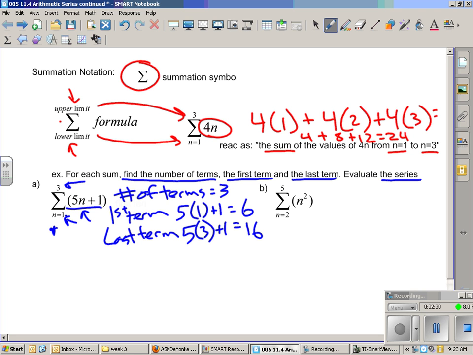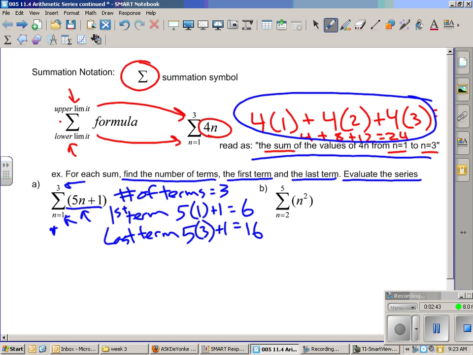Then they say to evaluate the series, which means they want to know, again, just like we did up here, the sum of all the values from the lower limit to the upper limit. So just like we did this part here, we're going to do that here. So the first term we know is 5 plus 1, where we plug in our 1.